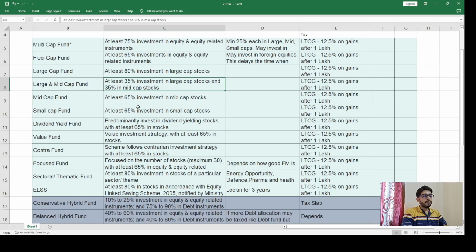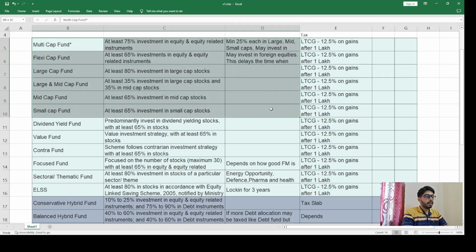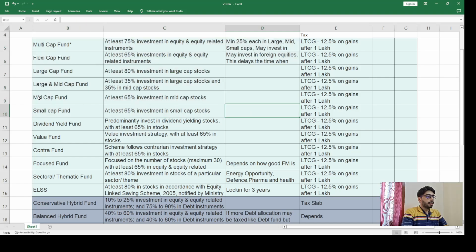So from the 250th stock till the 500th stock is usually what small cap funds try to capture. So these are the top important mutual funds that usually a mutual fund investor will be targeting to get into their portfolio. So you will have to know these distinctions carefully.